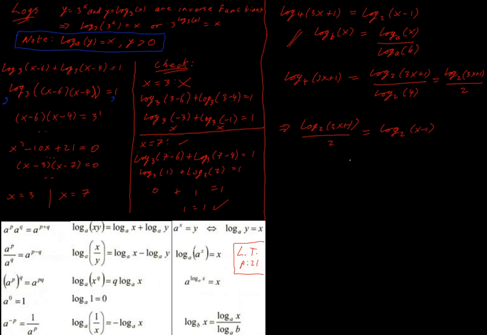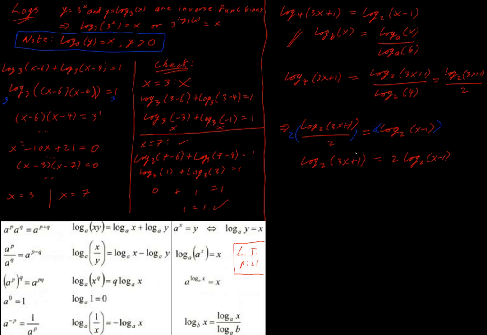Then I need to get everything in terms of logs. There's actually 2 different ways of doing this problem, but I think the best way to show you right now is to multiply both sides by 2. And get log to the base 2 of 3x plus 1 is equal to 2 log to the base 2 of x minus 1.